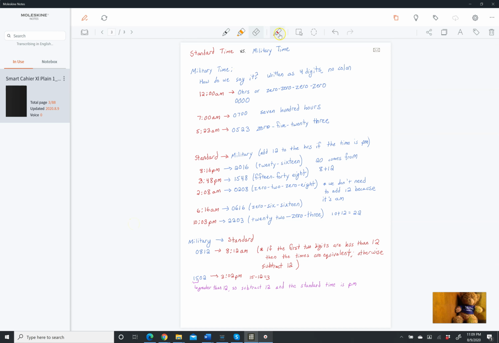Let's do a few more. Let's do 0005. Okay, so 0005, this is 0, 0 as your first two digits together, right? 0, 0 is 0. So you don't have to subtract 12, okay? So this is 0, 0 is 12, okay? So this translates to 12:05 AM.